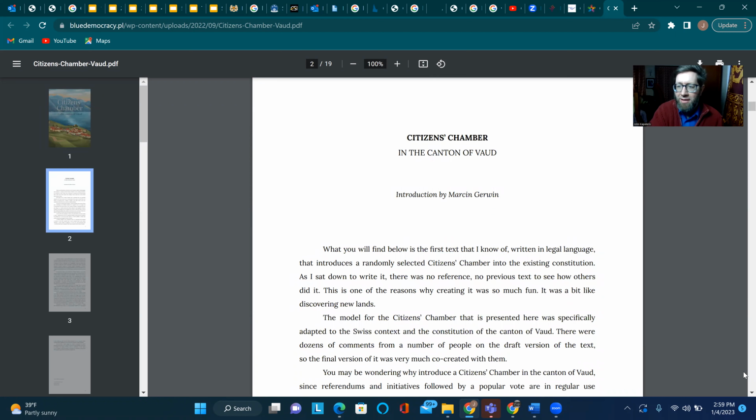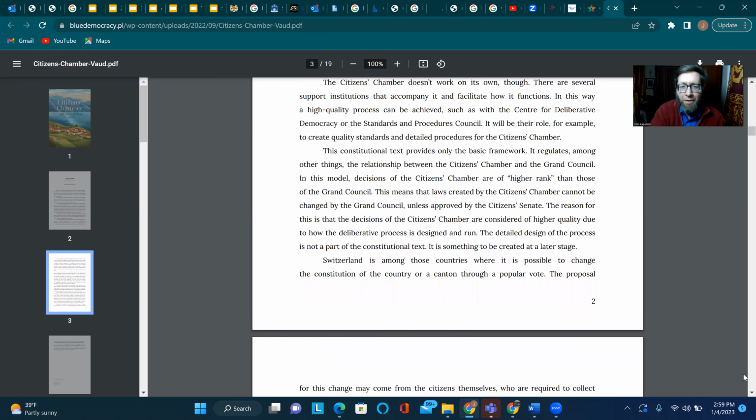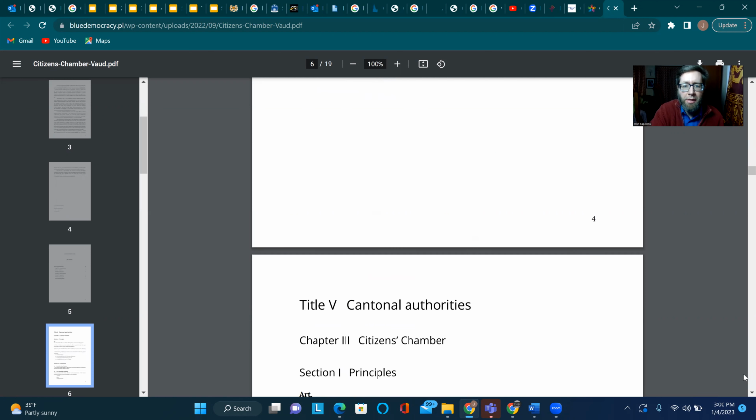So that's great. He is staying busy, working hard. Yeah, cantonal authorities. So it kind of sounds like this is something that they would apply in Switzerland. Principles, composition, status of members, organization, competencies.